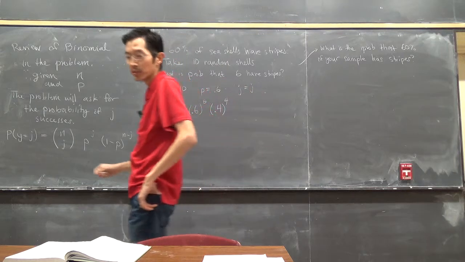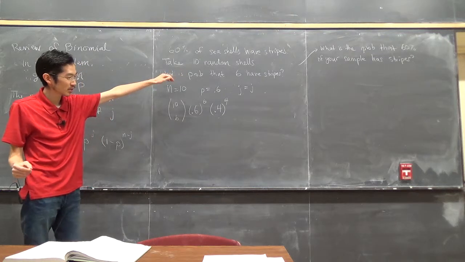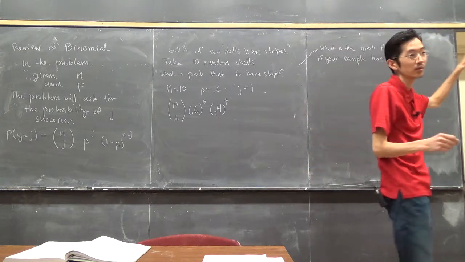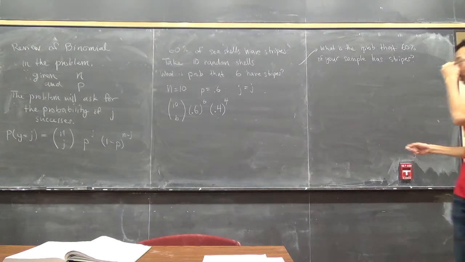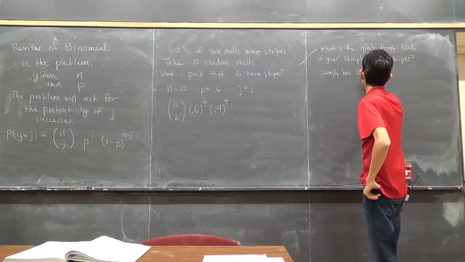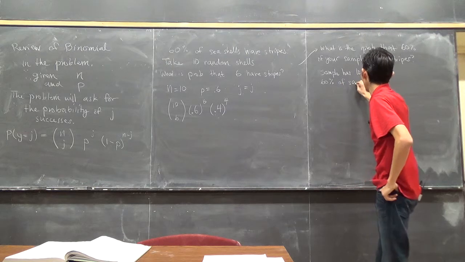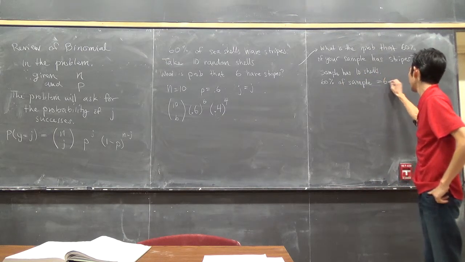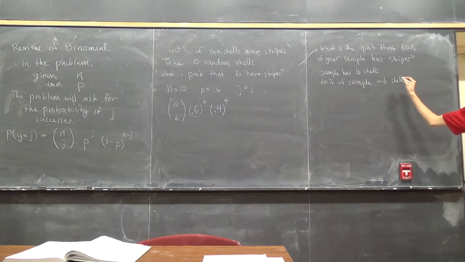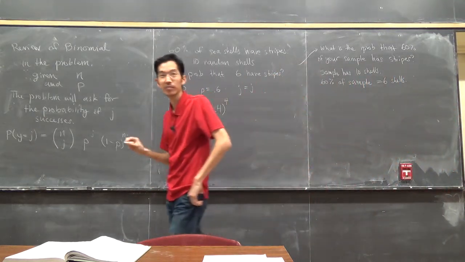In one we've said we're looking for 6 shells with stripes, and here we've twisted that around to say 60% of the sample. Our sample has 10 shells in it, so 60% of the sample is equal to 6 shells. And so this question will have the same answer as this question. Is that okay?